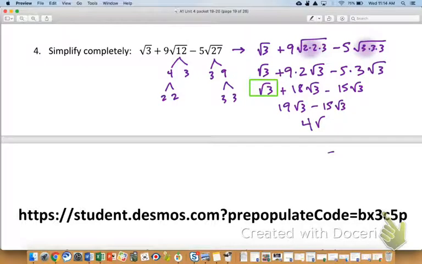So you could write this as 1 root 3. 1 times root 3. Just like if you see an x, couldn't you rewrite that x as 1 times x? Or frankly, if you saw a 9, couldn't you rewrite that as 1 times 9? So if there's no coefficient on the front, we know that it's a 1. Okay, anything else I can do for you guys on number 4?